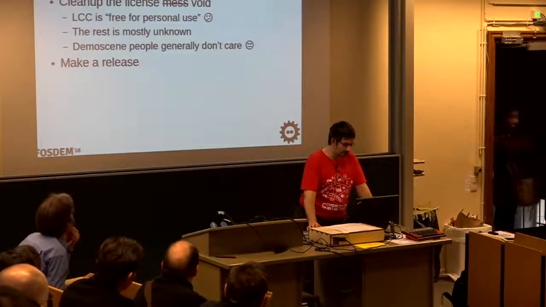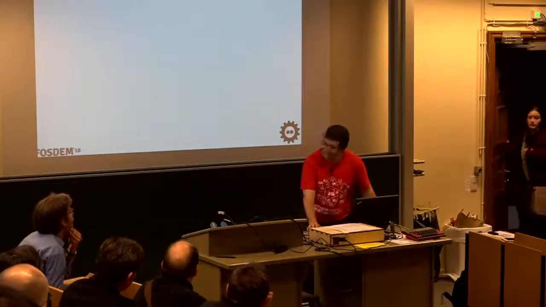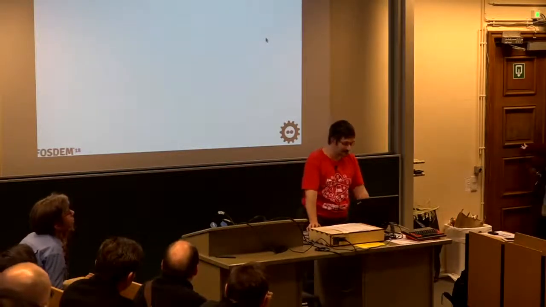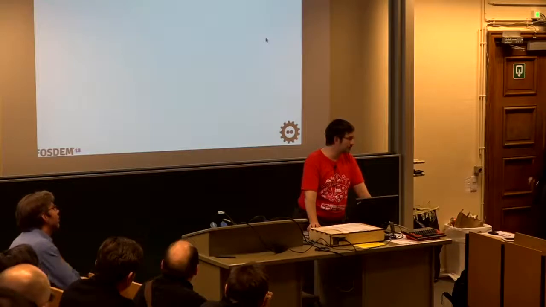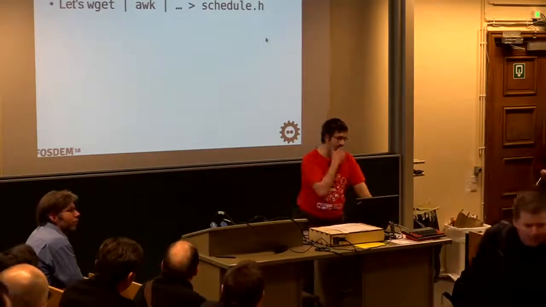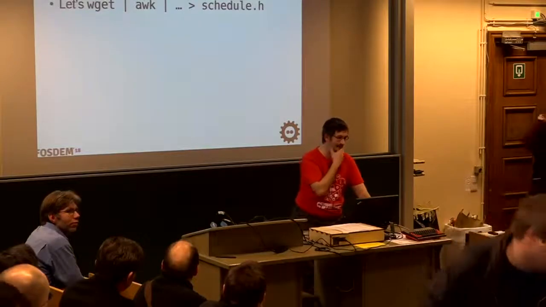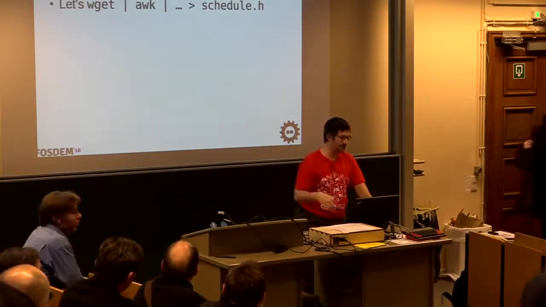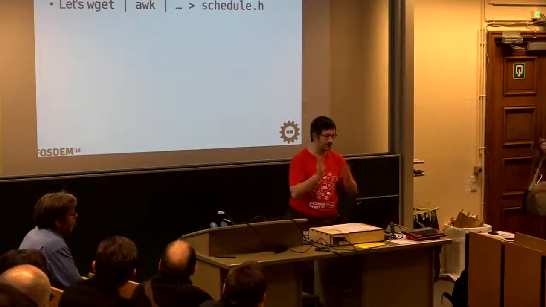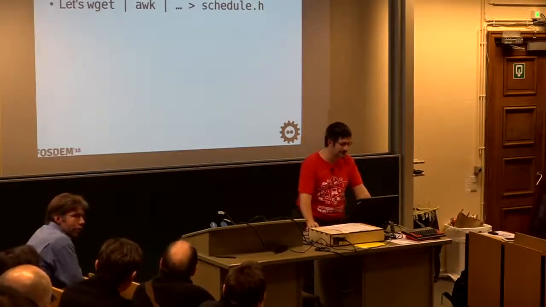Yeah, so I made a little example especially for FOSDEM. I wanted to show the dev room schedule, so I thought there's an ICS file for each dev room, so let's wget it and filter and generate some text.